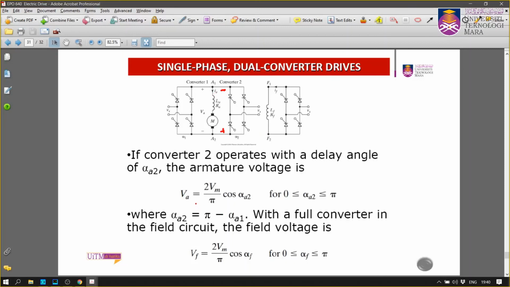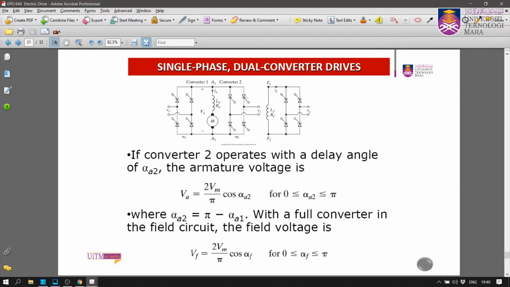So that actually equals the negative of this value. This is a correct way to represent VA, because you operate alpha 2 from 0 to pi, so you must have negative here, because your VT with respect to that converter should be positive, isn't it? So you produce VT here, therefore VA equals the negative of that particular voltage.